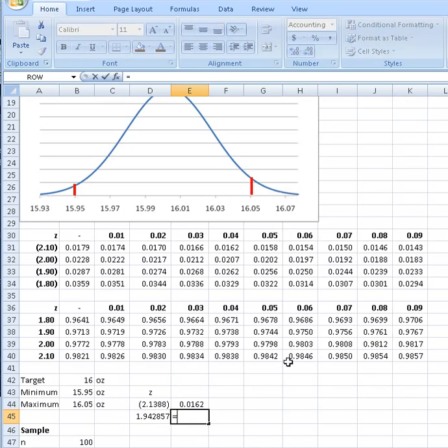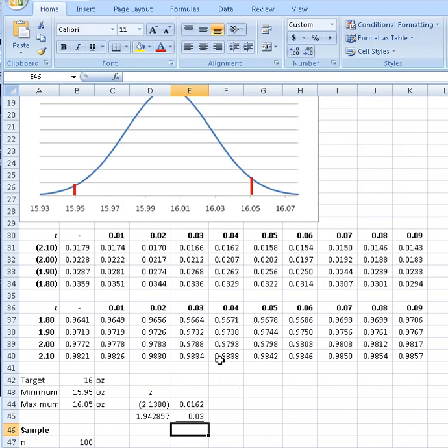So I type equals 1 minus, now I need to find 1.94. So I go to the positive side of the table. 1.94 is right here, 9738. And that comes out to be exactly 0.03. What are the odds of that?